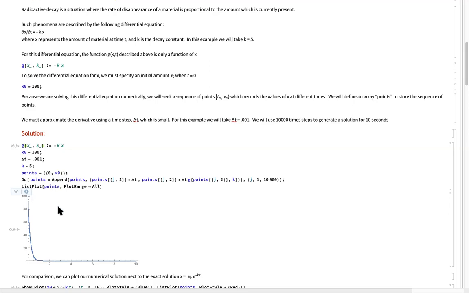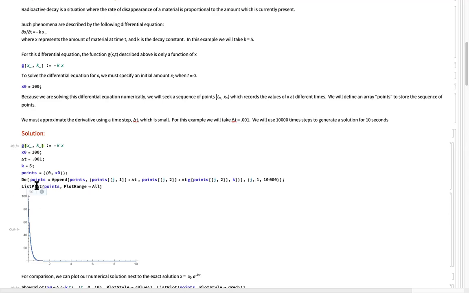And then I have a do loop, and I'm just going to go through this. I just said go through it 10,000 times. Doesn't really matter. We're just trying to show the method.